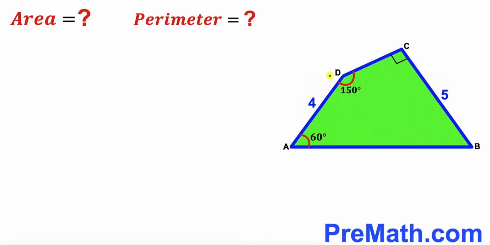Moreover, side length AD is 4 units, whereas side BC length is 5 units. Our task is to calculate the area of this green shaded quadrilateral ABCD, and we are going to calculate the perimeter of this very same quadrilateral as well.